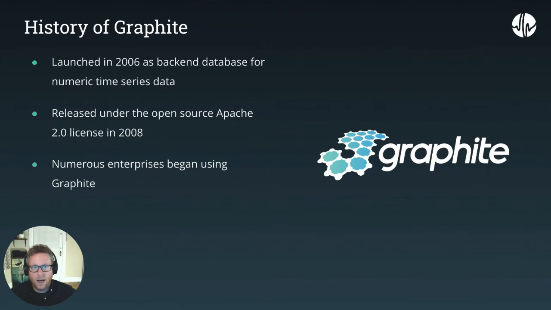History of Graphite. Graphite was originally designed and written at Orbitz by Chris Davis in 2016, 16 years ago. At that time, monitoring and observability was still in its infancy. The tools available at the time were like Nagios, RRD tool, Ganglia, and other similar tools, and they were pretty good at their job.